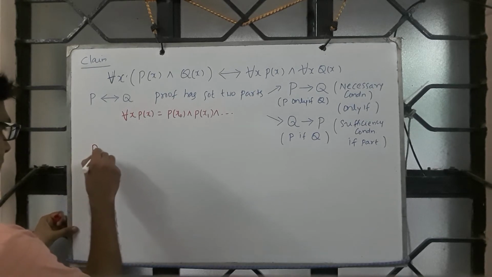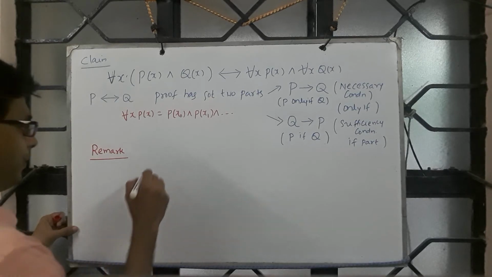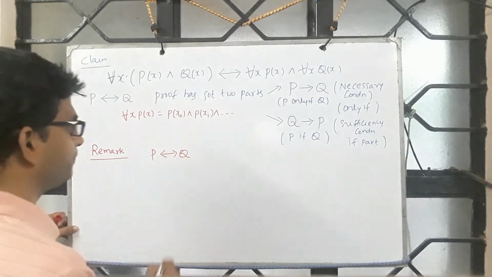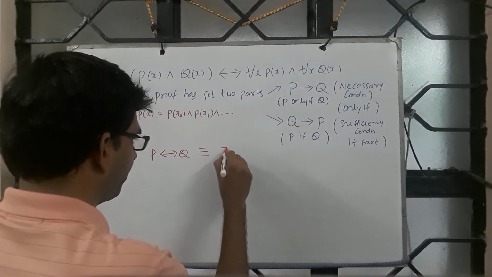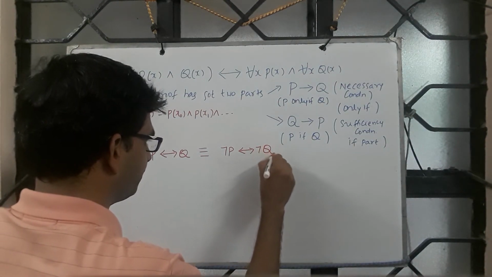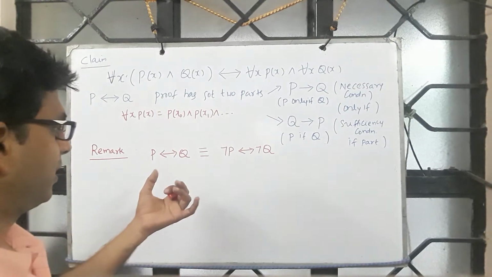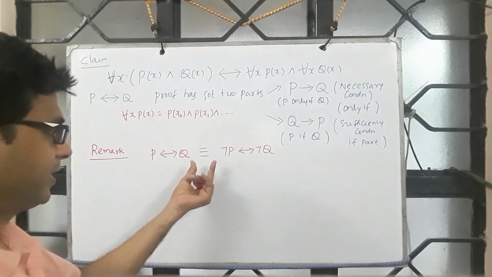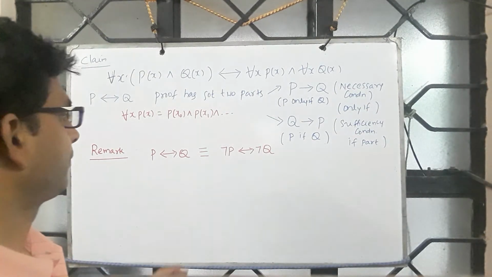Please note this. When you have P biconditional Q, this is equivalent to negation P biconditional negation Q. It is there in the scribe, or you can later verify that if you take this and take the biconditional between these two, what you get is a tautology.